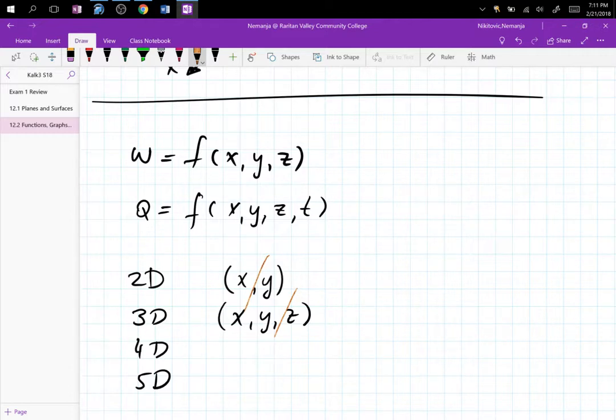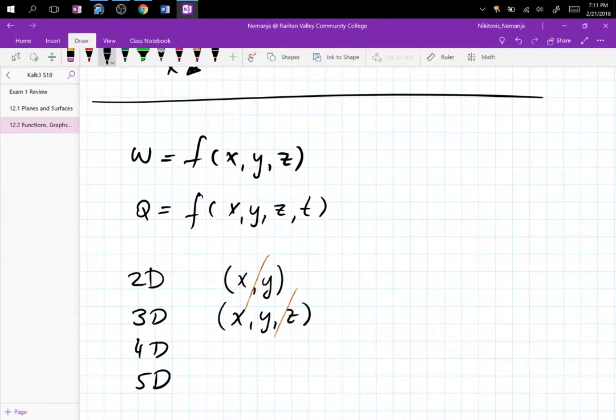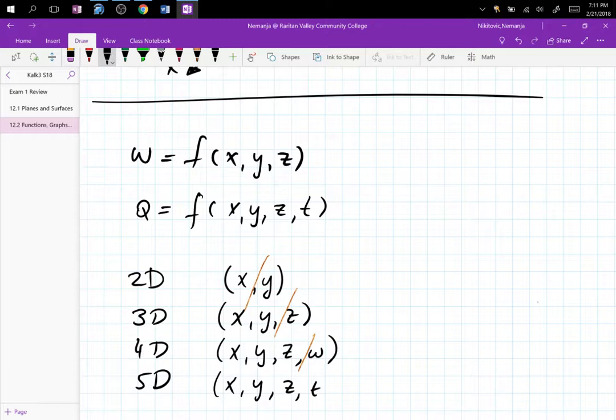That is your range, and you have two input values. And then we have x, y, z, w, and you are going to have this one, and then x, y, z, t. It doesn't matter which letters you pick. You can do A, B, C, D, E, F, G and be done, right?